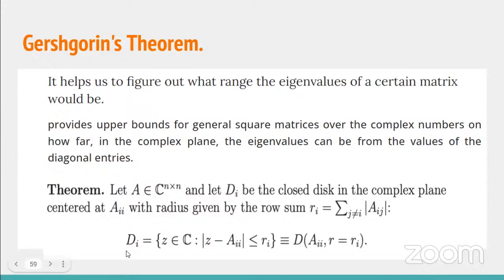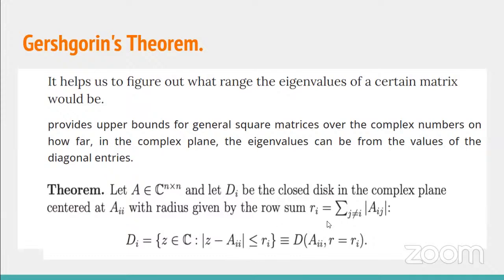Let's say i is 1, so D1 is the set of points in the complex plane such that the magnitude of z is less than or equal to the sum of the absolute values of the other entries in the first row. This is r, signifying the radius, which you will get. This is matrix A.